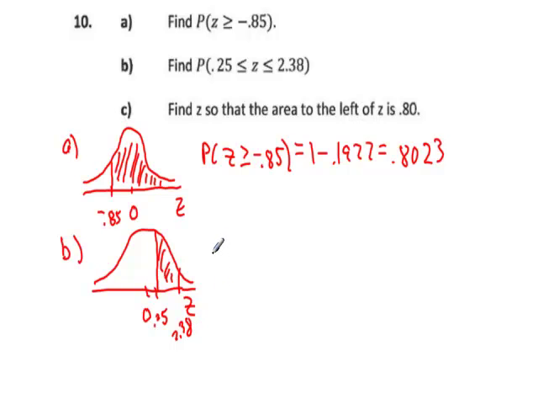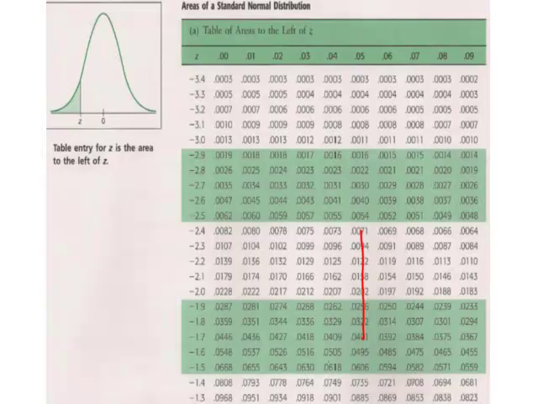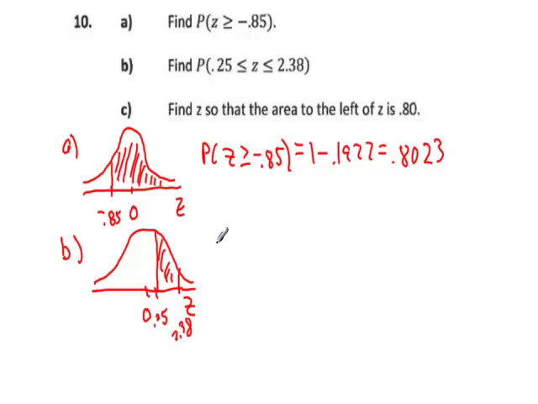So again, when we go to our z table, we always get the area in the left tail from our diagram. So if we have a problem such as in B, probability that z is in between 0.25 and a number like 2.38, then what we'll have to do is look up the area in the left tail of 2.38, but of course this is not what we want.